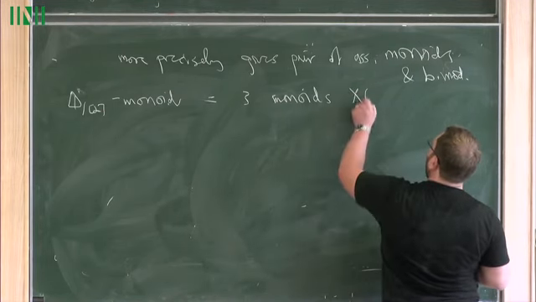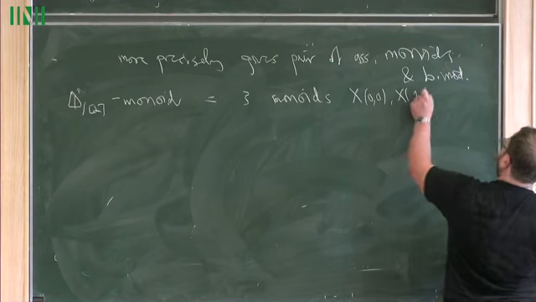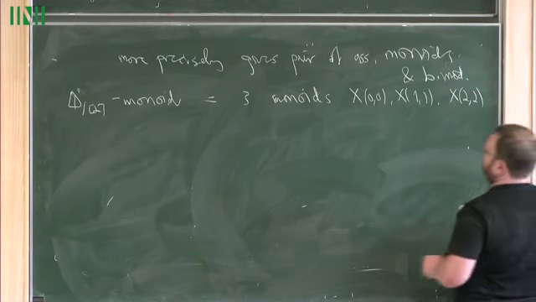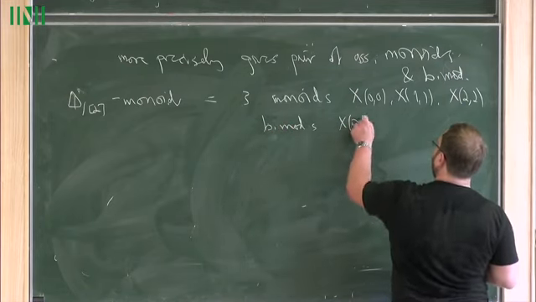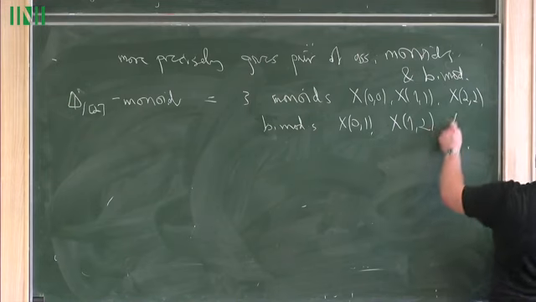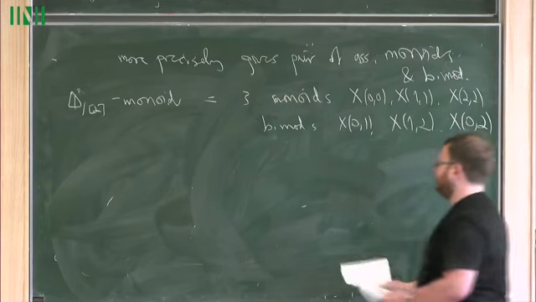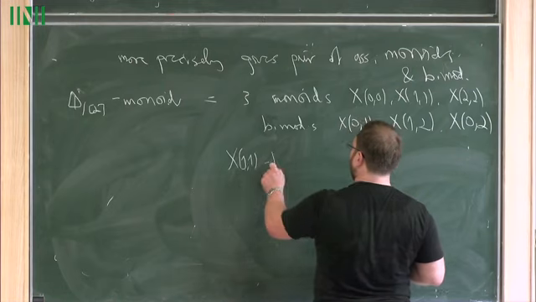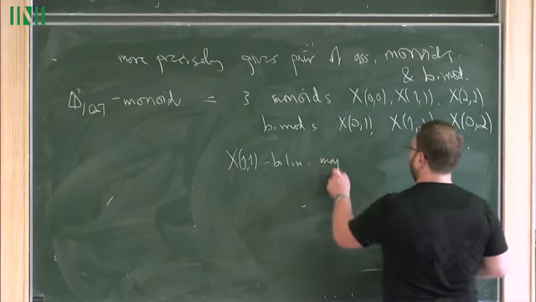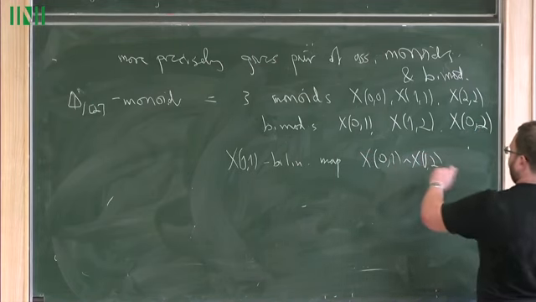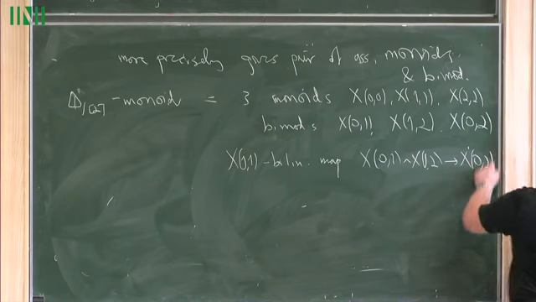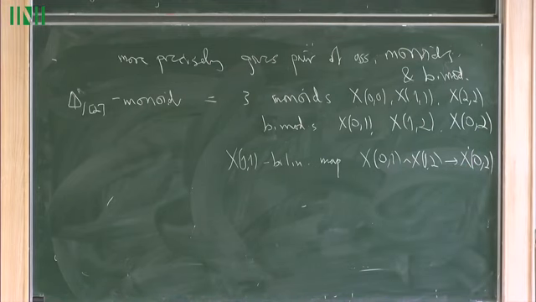The three monoids, say x00, x11, x22, and then bimodules x01, x12, and x02, and then an x11 bilinear map from x01 cross x12 to x02. The idea is that we want to view the bimodules as morphisms and then compose them by taking tensor products.